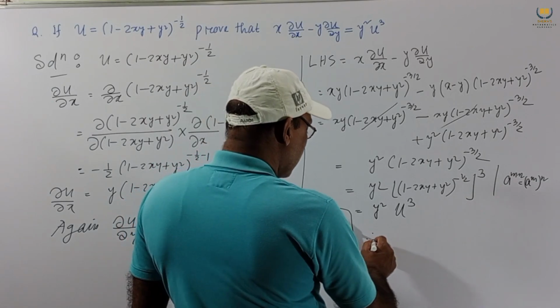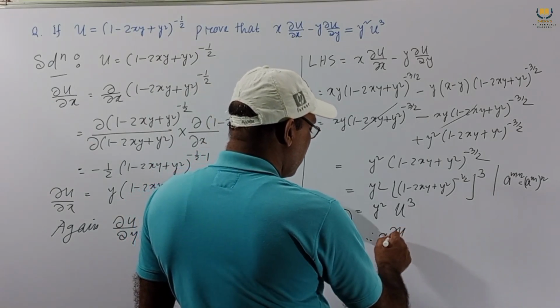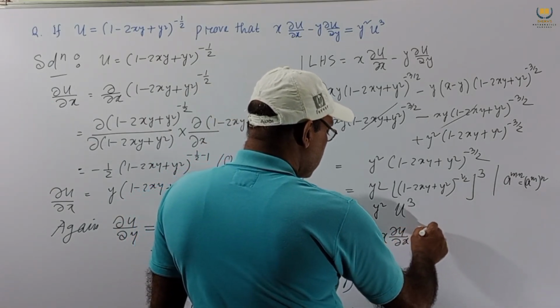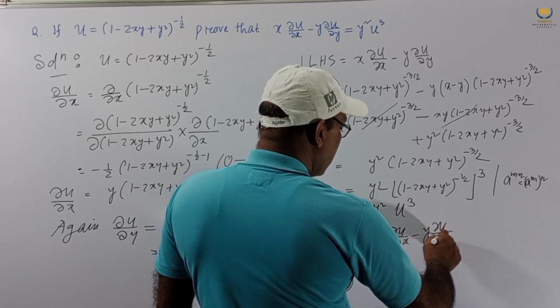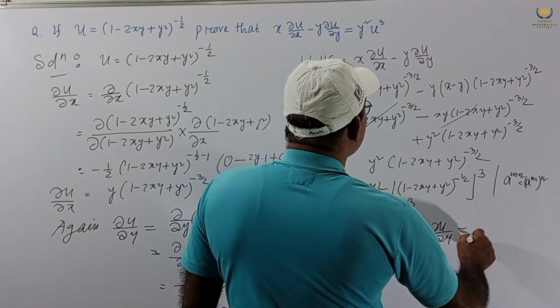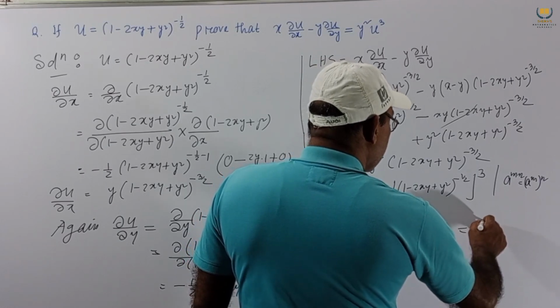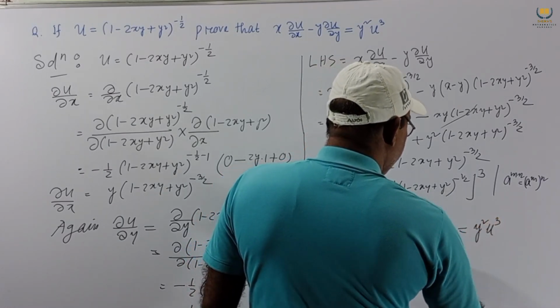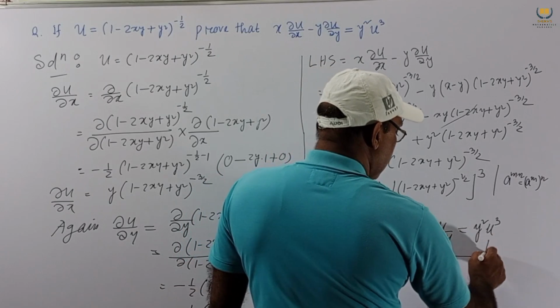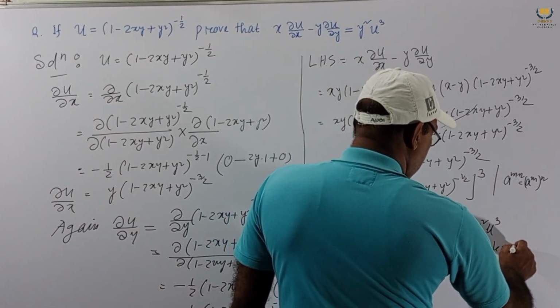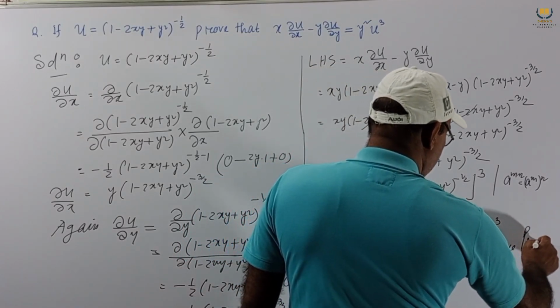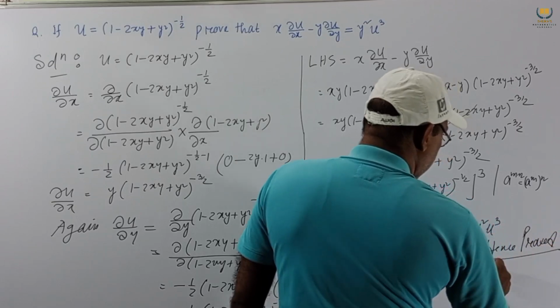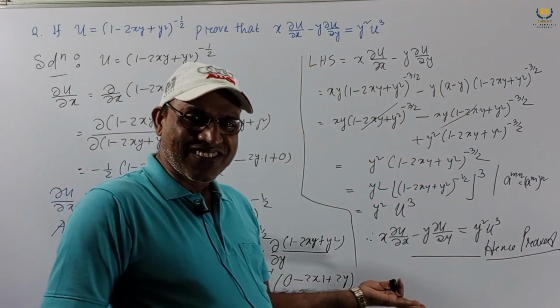So what we get: x del u del x minus y del u del y equal to y square u cube. This is the proof, hence proved. Very nice solution, very easy.